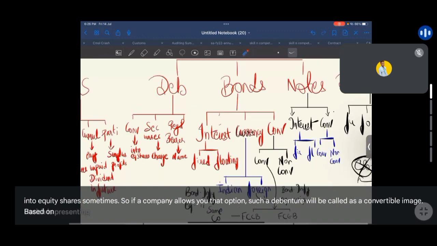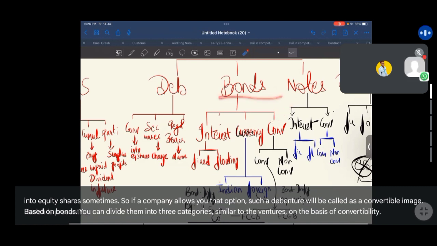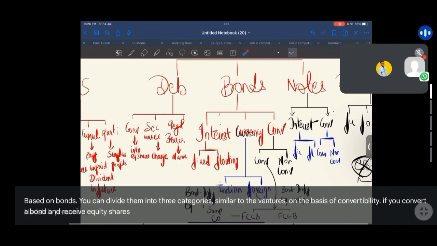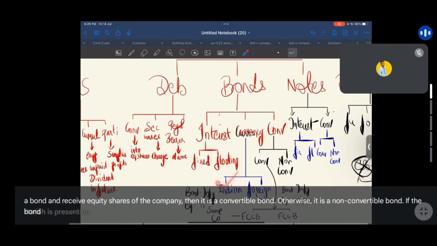Based on bonds, you can divide them into three categories, similar to debentures, on the basis of convertibility. If you convert a bond and receive equity shares of the company, then it is a convertible bond, otherwise it is a non-convertible bond. If the bond is issued in Indian currency, it is an Indian currency bond, otherwise it is a foreign currency bond.